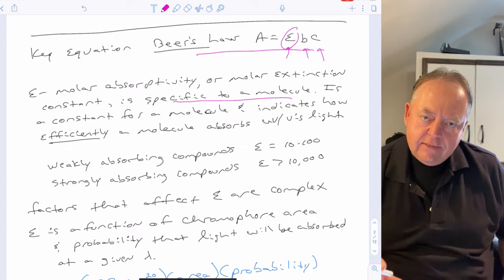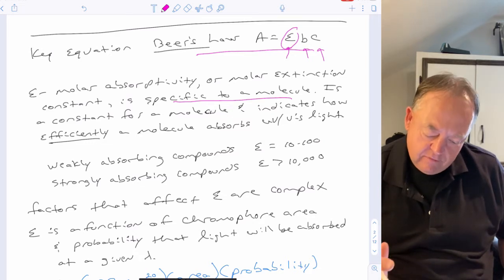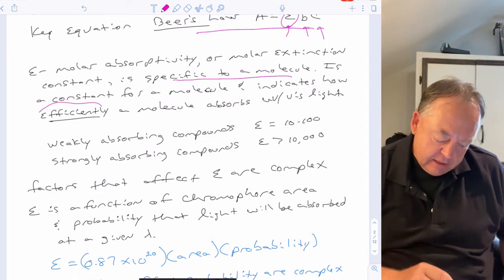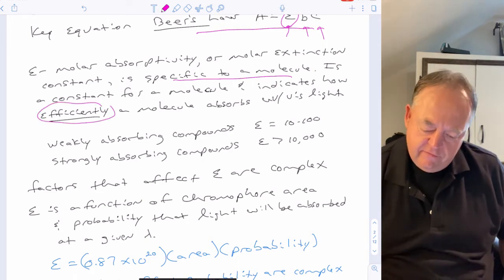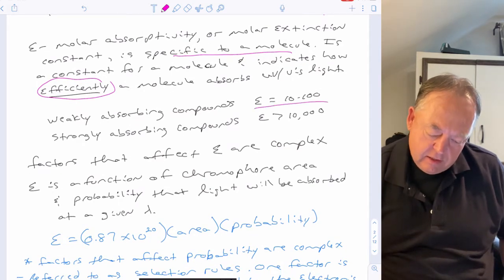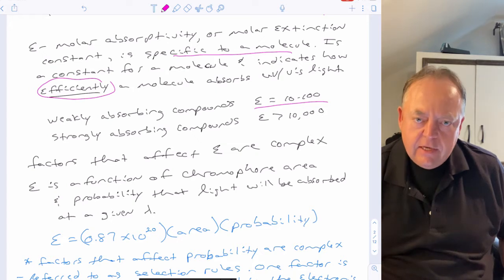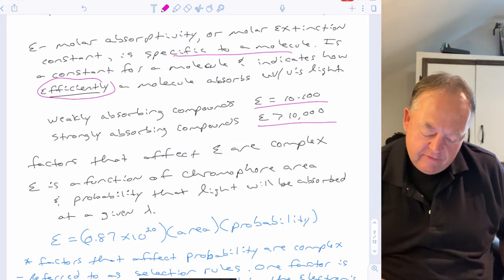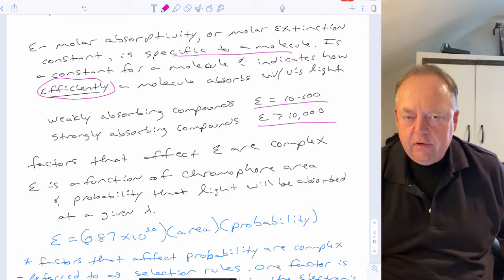Each molecule has its own value of epsilon. It's a constant for a molecule, and it indicates how efficiently a molecule absorbs UV light. Weakly absorbing compounds have extinction coefficient values of about 10 to 100, and strongly absorbing compounds have extinction coefficient values of greater than 10,000.